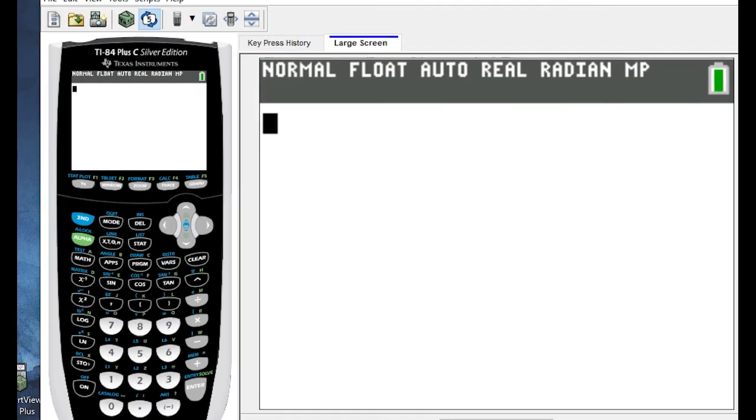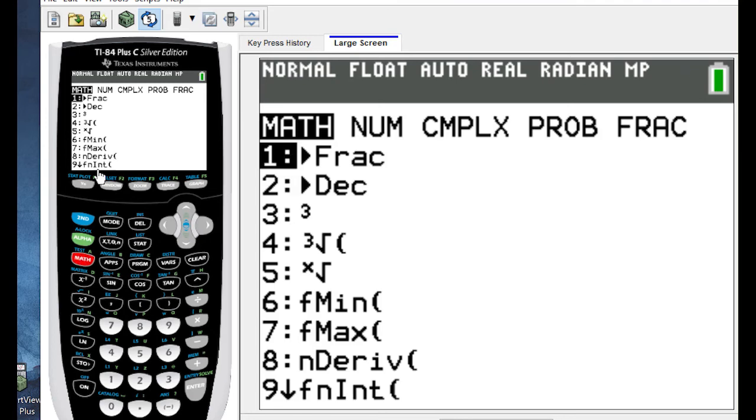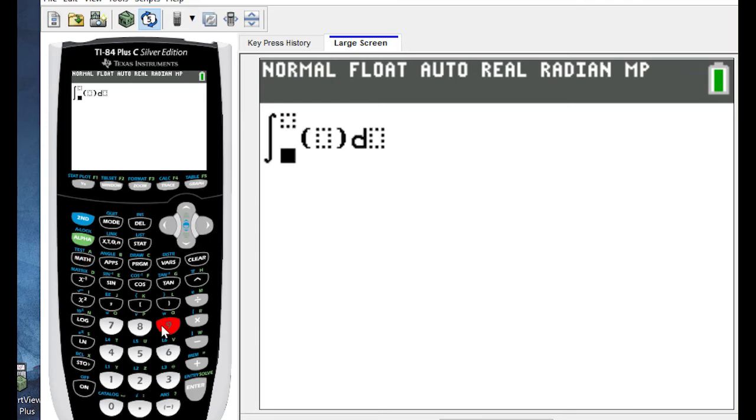We enter math number 9 from 0 to 2 of the square root of 2x plus x, dx.